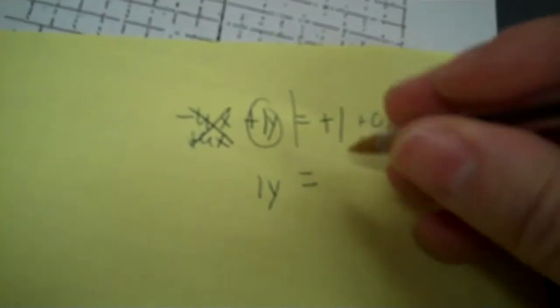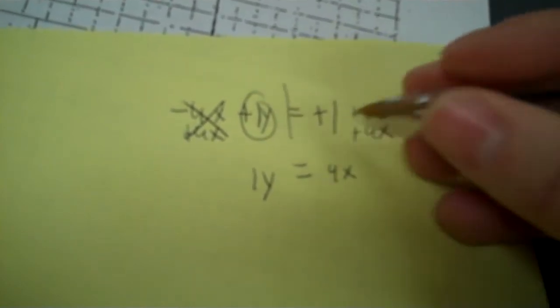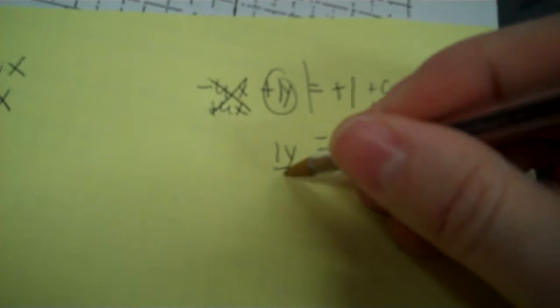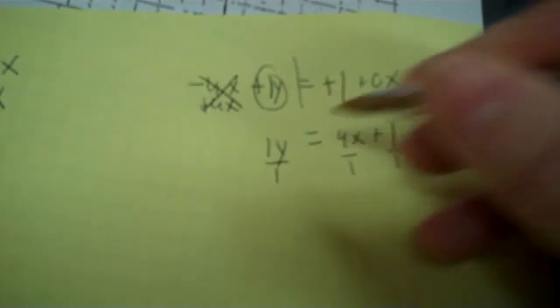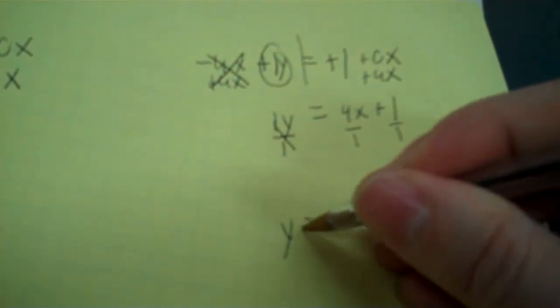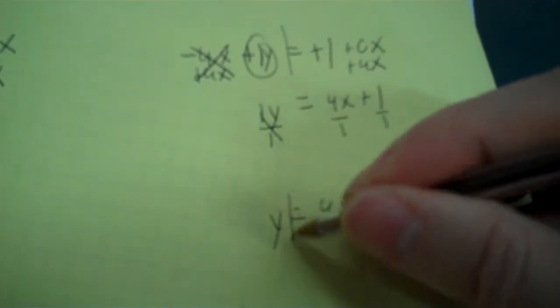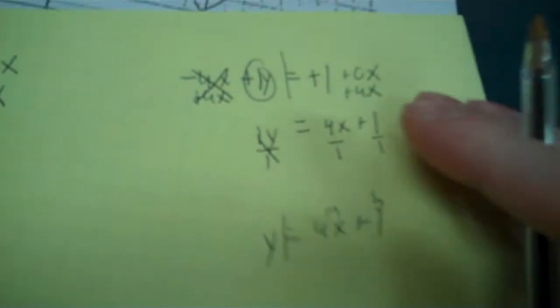So plus 4x. So we got 1y. 0x plus 4x is 4x, and then we have plus 1. Then I divide everything by 1. And I have y equals 4x plus 1. And now I have my m and b. Y always has to be on one side by itself, mx plus b.